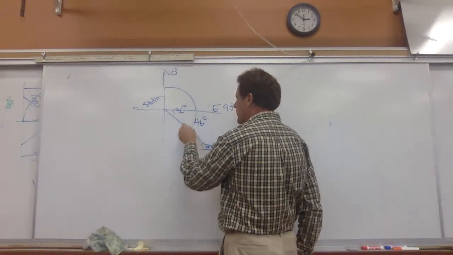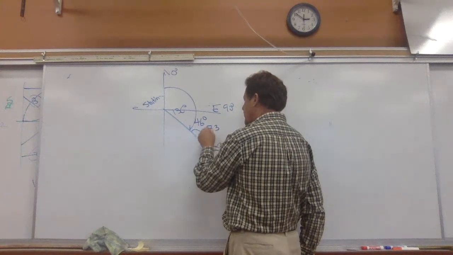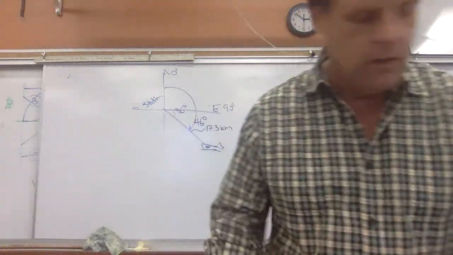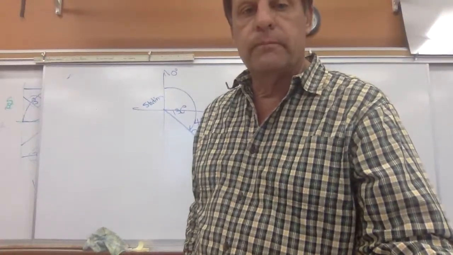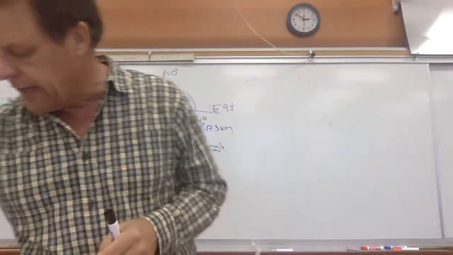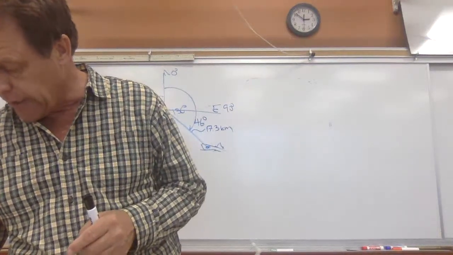And you know that the length here, the hypotenuse, is going to be 17.3 kilometers, okay? So now, the radar station is going to radio a rescue ship, or a rescue plane, okay?